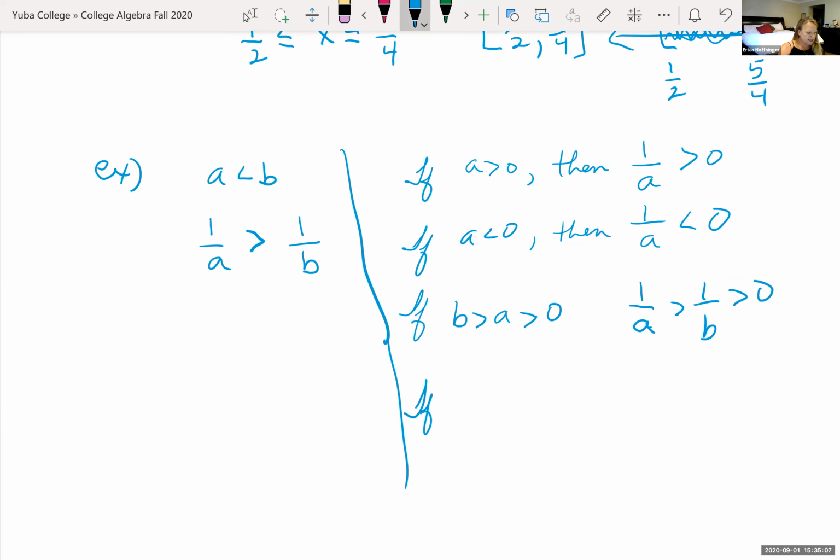If A is less than B, which is less than 0, then 1 over B is less than 1 over A, which is less than 0.